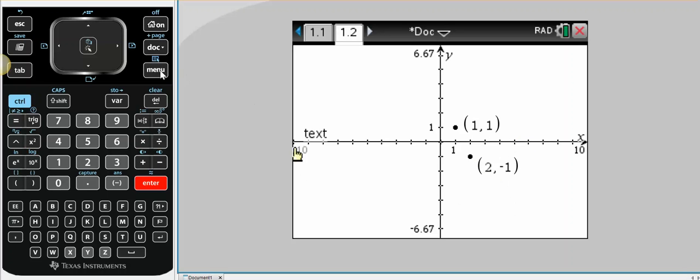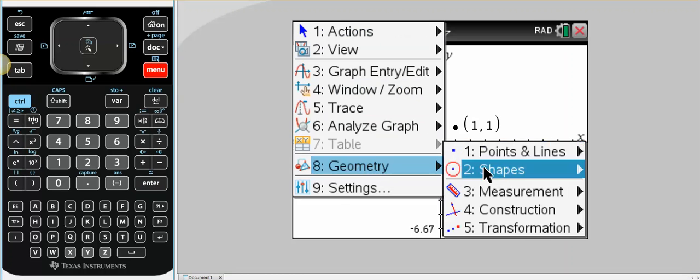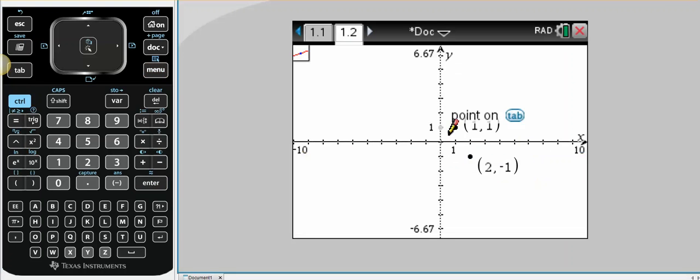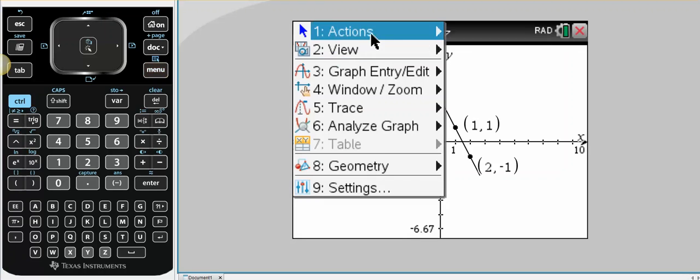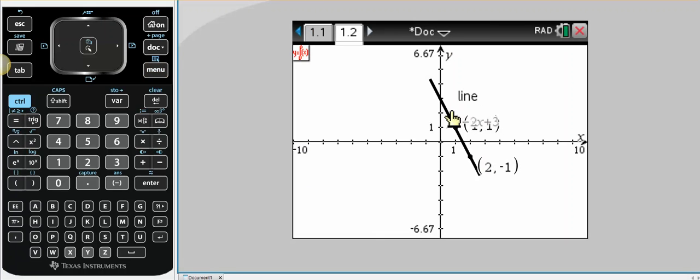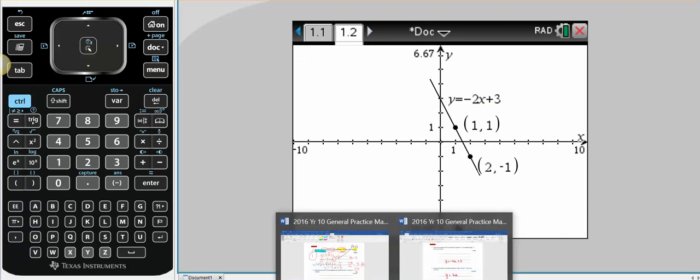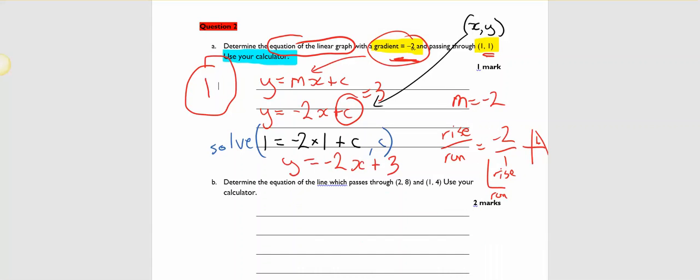From here, I join it with a line, 1, 2, hit escape, and then I bring up its coordinates and equation, which is here, and I see that y equals -2x plus 3, which is what we had initially.